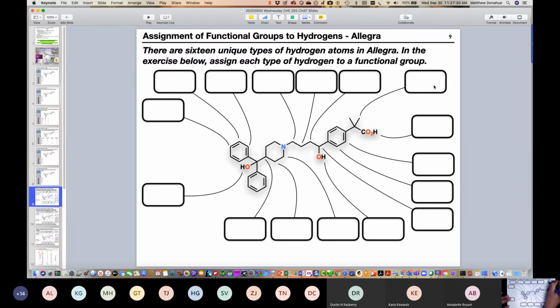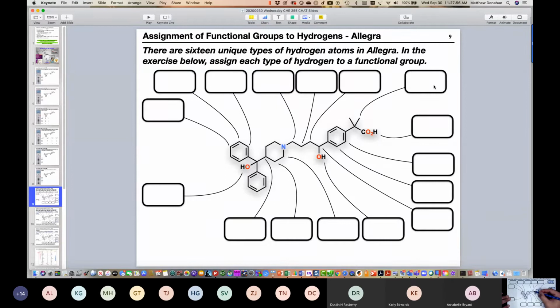So alkane. Yeah, it's an sp3 hybridized carbon H. So down here, that was the acid OH.